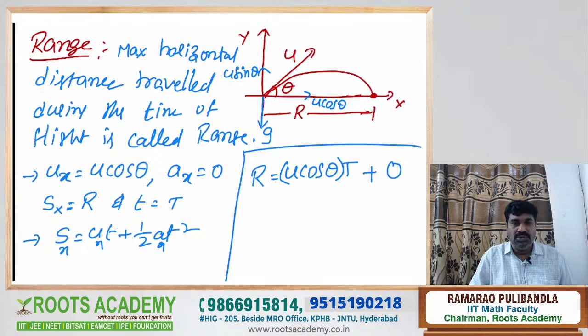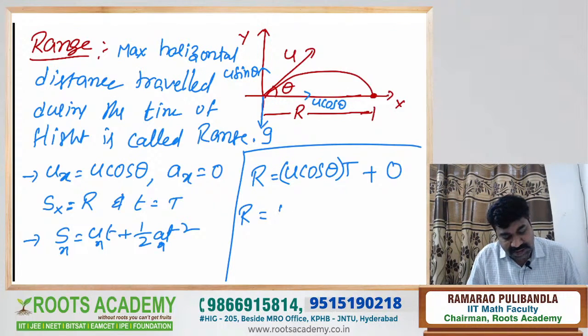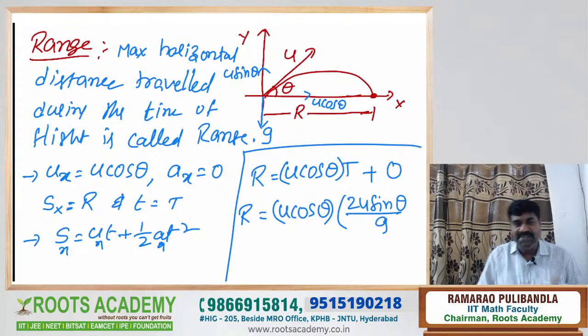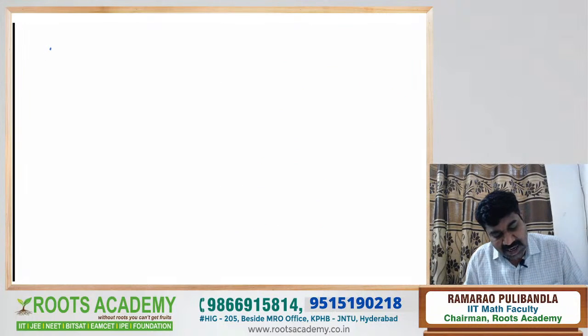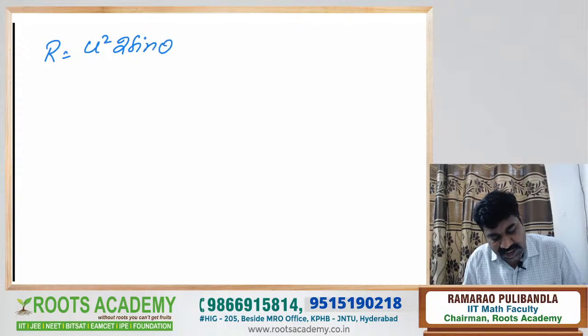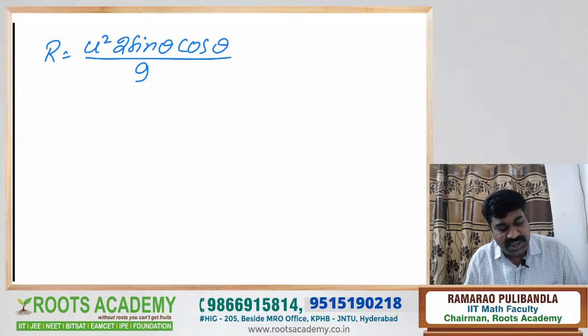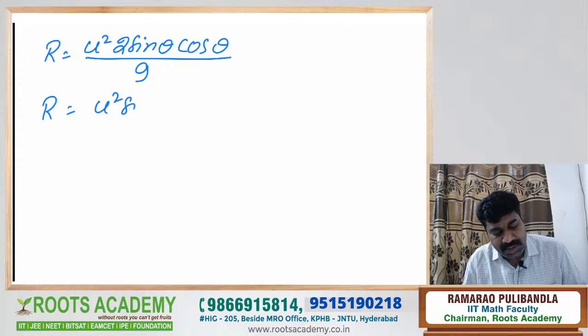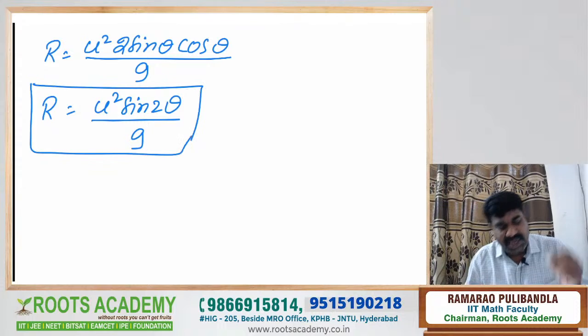So range R is equal to u cos theta into the time of flight, 2u sin theta by g. So range R is equal to u square 2 sin theta cos theta by g, and 2 sin theta cos theta is sin 2 theta. So R is equal to u square sin 2 theta by g. That is the formula for the range.